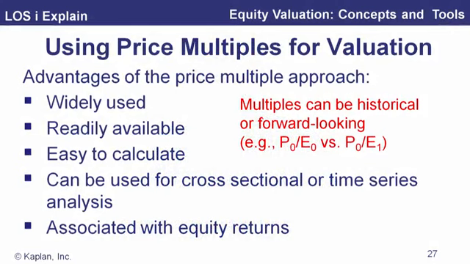So what are the advantages? Well, we know they're widely used, they're readily available, and they're certainly easy to calculate. If we have the price and the earnings, if we can divide, we've got it. Those multiples can be historical or forward-looking. So note that. Sometimes we'll look at price earnings as the current price over the trailing 4 quarters earnings. That's our P0 over E0, and that's a historical one.